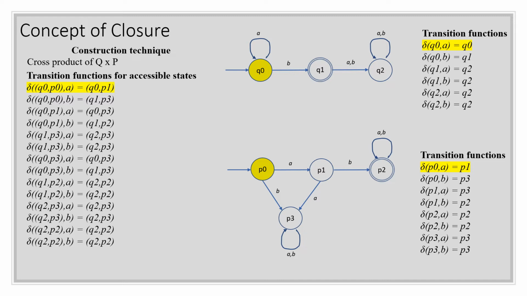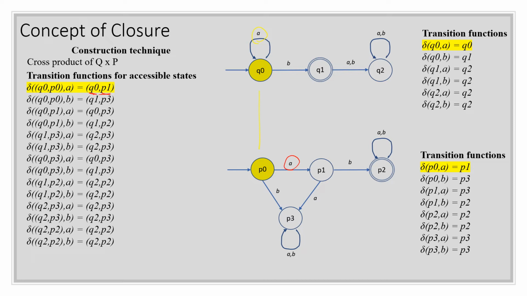So we start out with Q0, P0. That's our joint initial state, Q0, P0, with an A. Q0 stays in Q0, and P0 with an A is going to go to P1. So the first transition is: these two states combined, Q0, P0, what combined state do they go to with an A?